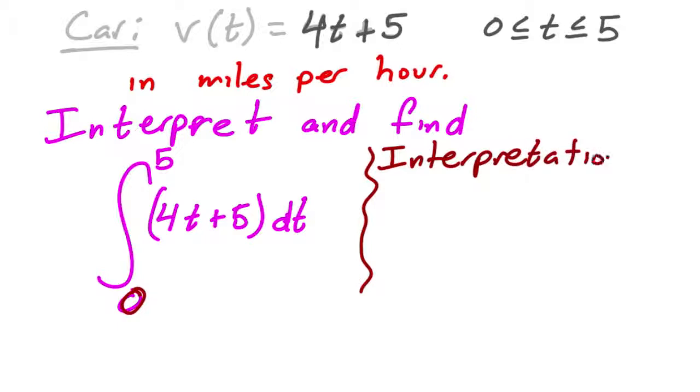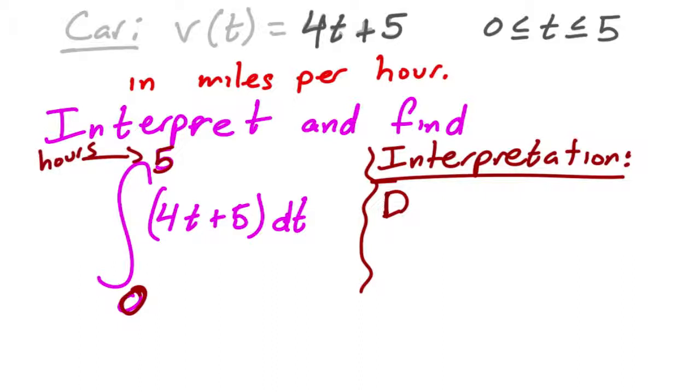So the interpretation of this is basically when you find the integral from 0 to 5, this is going to give you the amount of miles traveled from 0 to 5 hours.